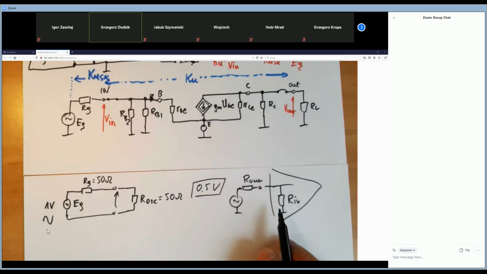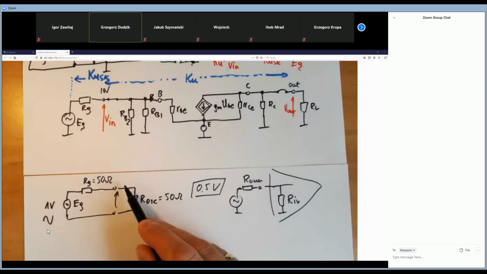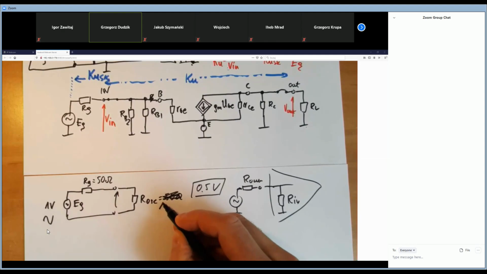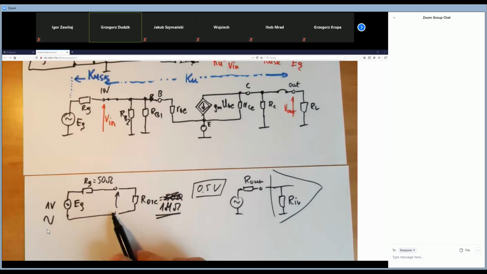Because if we have 50 ohms as the RG here, and the input resistance for the next stage of the amplifier is not 50 ohms but so huge, let's say 1 mega ohm, what will be the input voltage for such an amplifier? It will be almost 1 volt. It will be maximum.